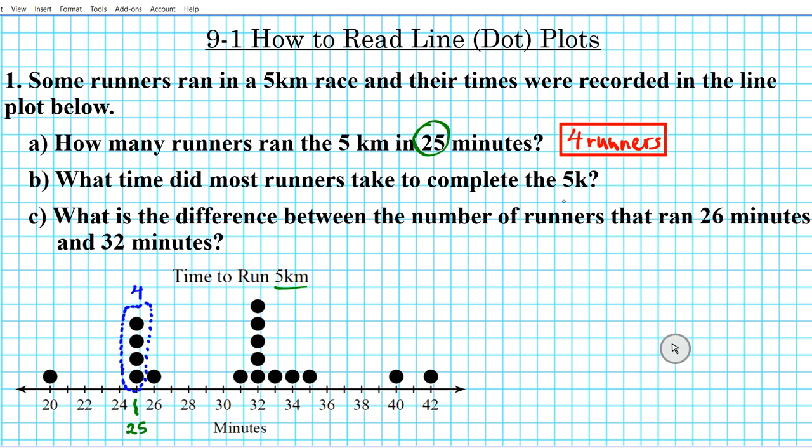1B, what time did most runners take to complete the 5K? In this case, we're looking for which data point occurs most frequently, the most number of times. The beauty of line and dot plots is that they represent data in a very visual way, which makes it very easy and quick to work with.